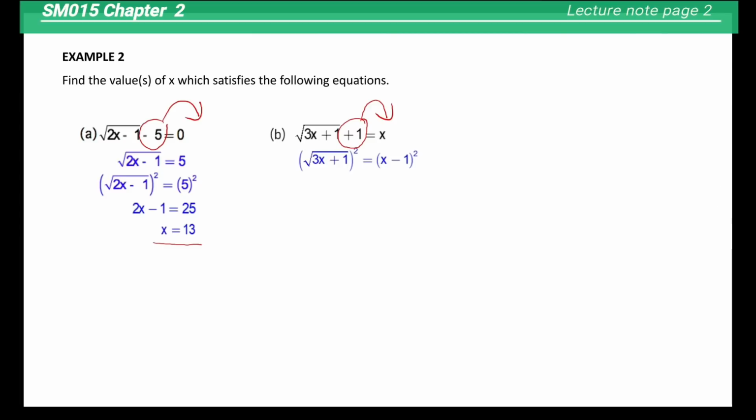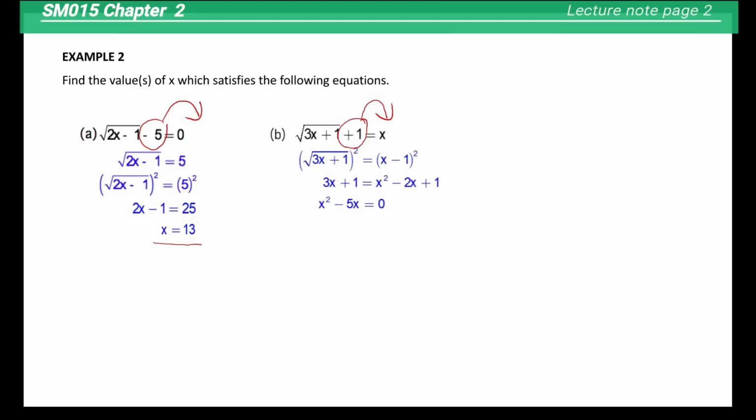So you will have here √(3x plus 1) equal to x minus 1. The usual step that we can use here is, you can just square both sides. So you will end up with 3x plus 1 equal to x squared minus 2x plus 1 after you expand the bracket that we have on the right hand side.